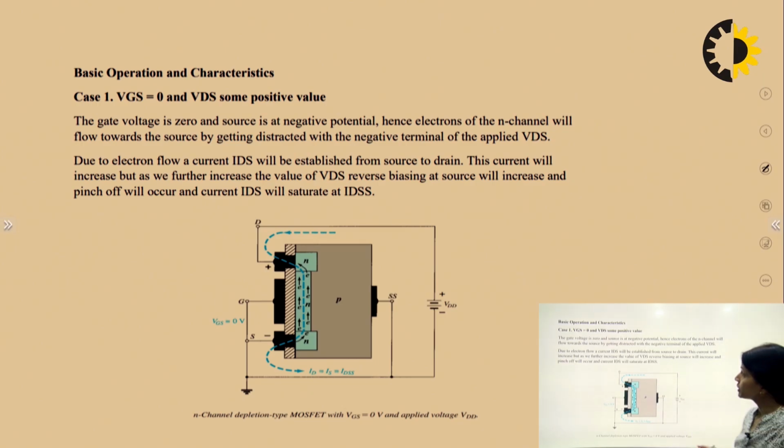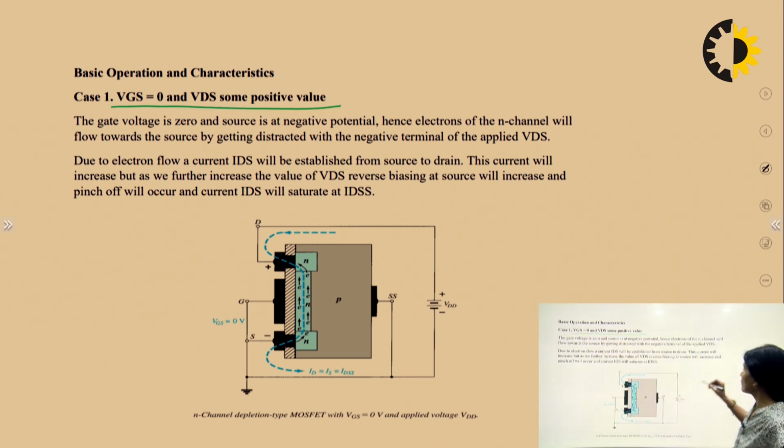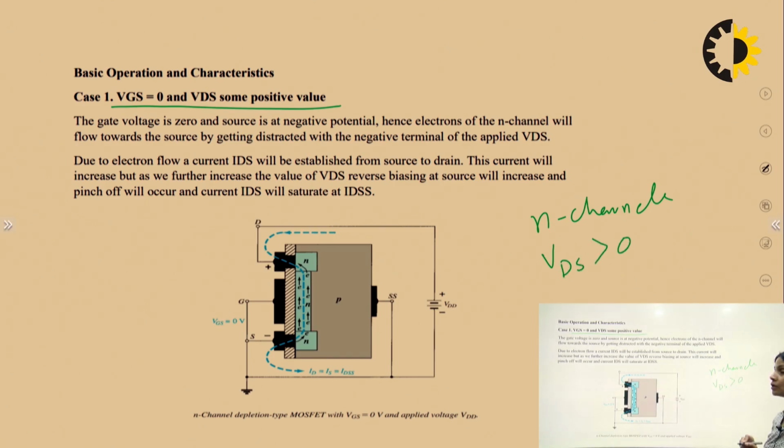So how will we go? First of all, always remember that whenever it is an N channel, VDS is always greater than 0. So in the first case you will make VDS greater than 0, some positive value, and VGS equal to 0 volts, right?